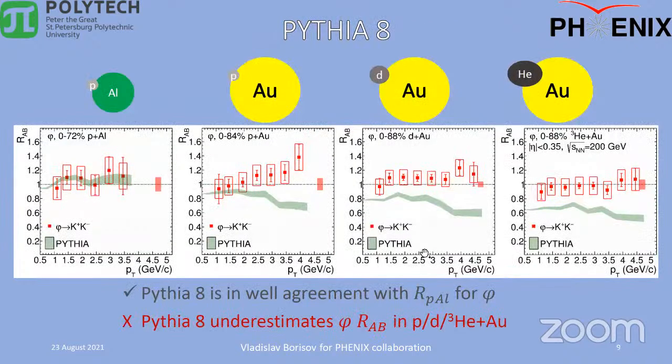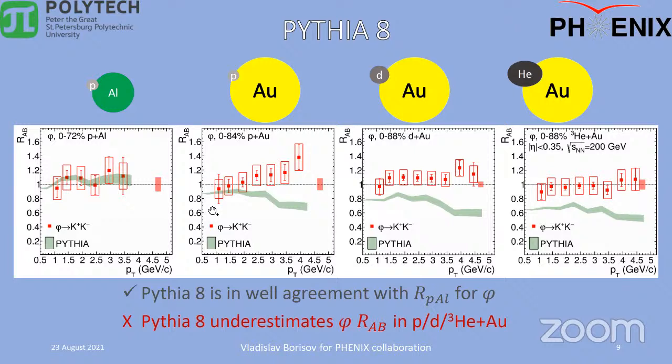In order to understand the observed ordering, RAB for phi mesons were compared to different model calculations. Experimental results are presented by red points with statistical and systematic uncertainties.